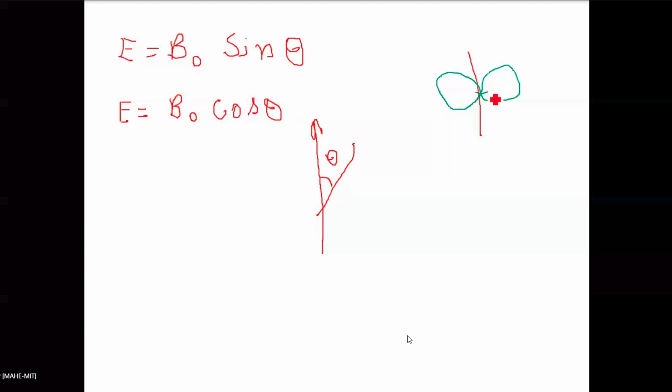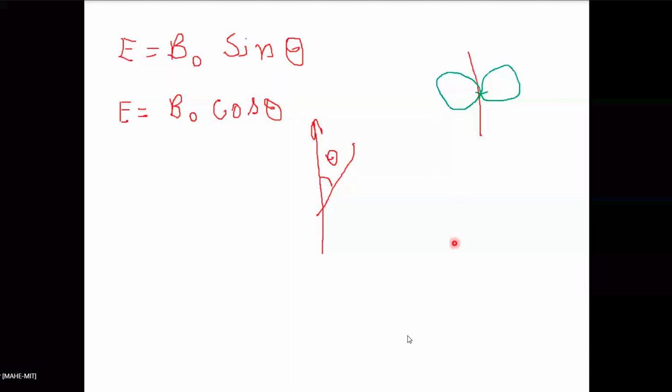This amplitude here is B naught. This is 0 here, this is B naught, again 0. Have you understood? So these are the different angles, like this. So B naught cos theta.